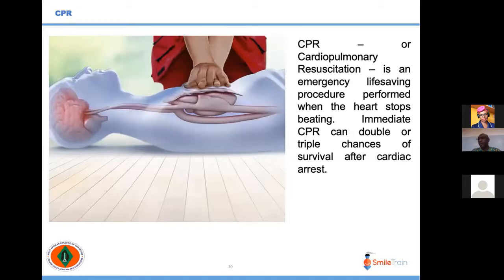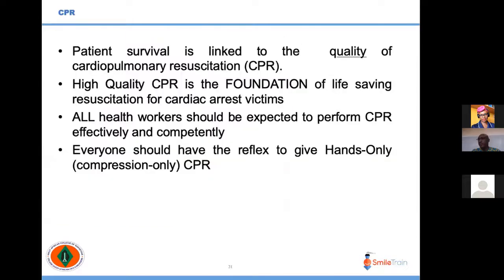Patient survival is linked to the quality, and I underline the word quality here, quality CPR. Obviously, quality comes with a few things attached to it, like training, equipment, awareness, and things like that. So high quality CPR is the foundation of life-saving resuscitation for cardiac arrest victims.